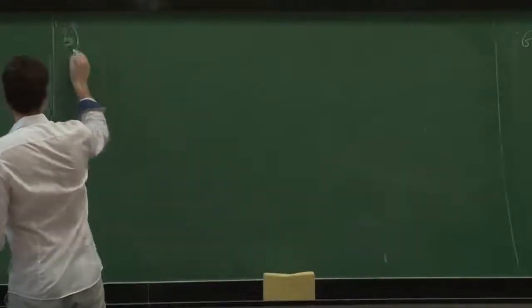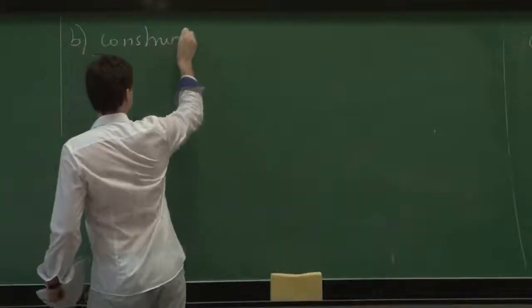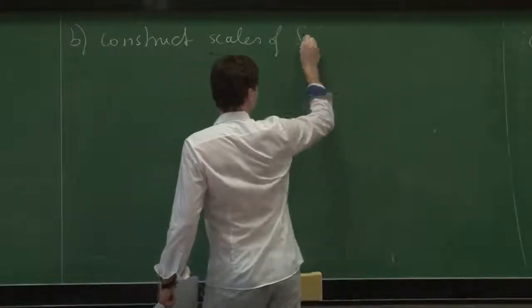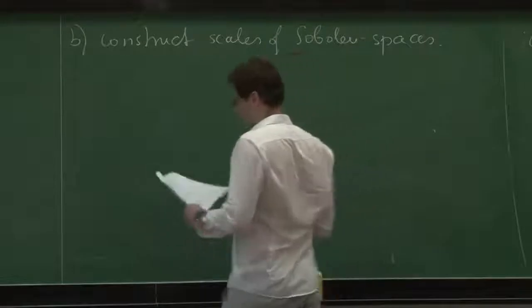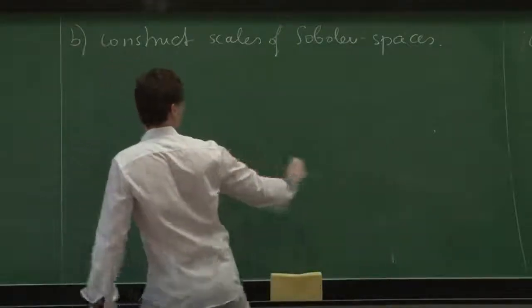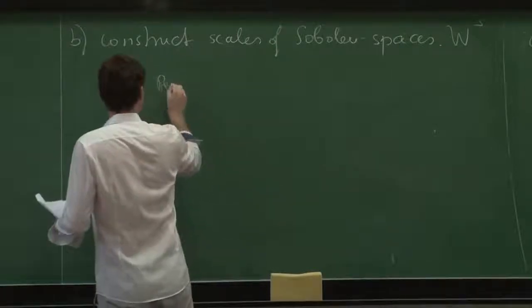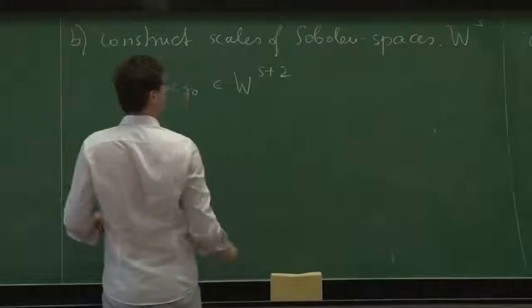So basically, you construct, in the second step, scales of Sobolev spaces such that the following is true: the Ricci curvature of g0 is in, say, a higher Sobolev space.